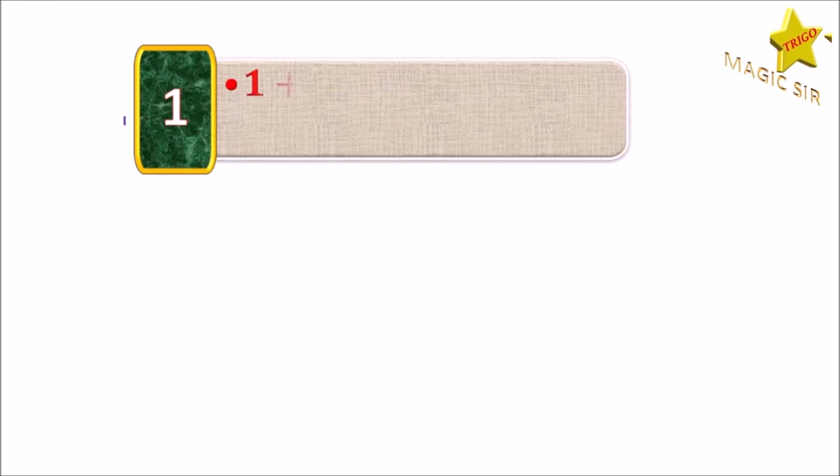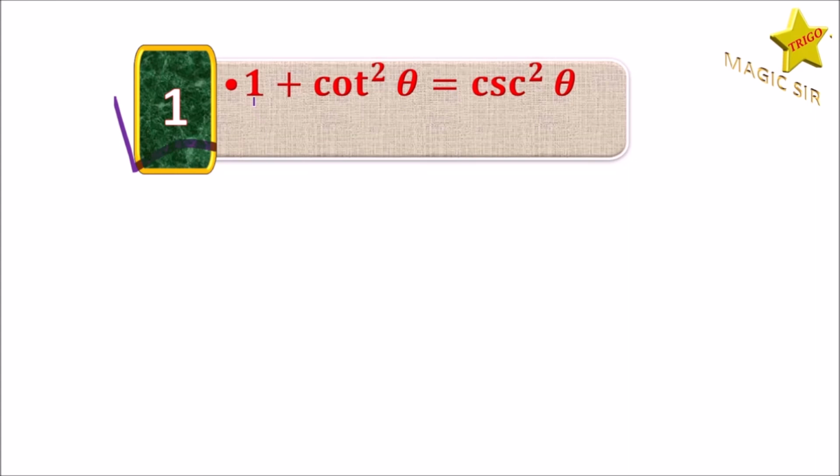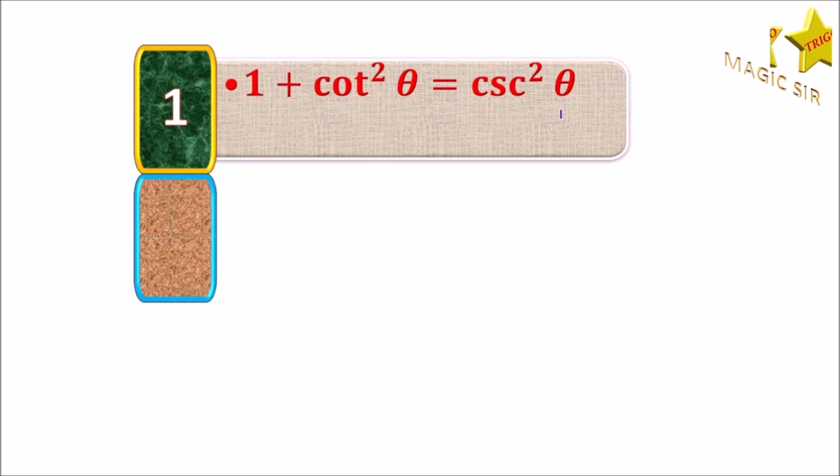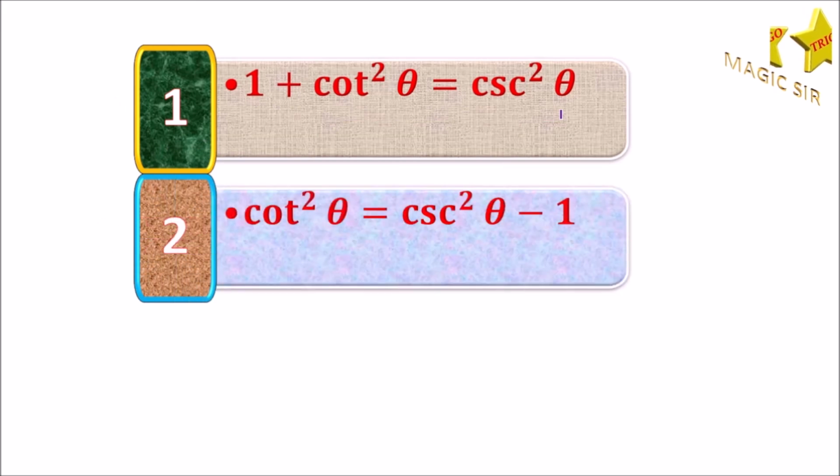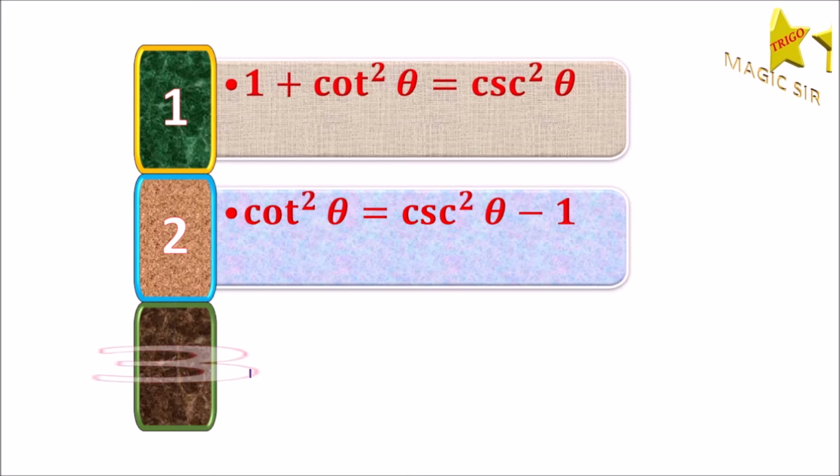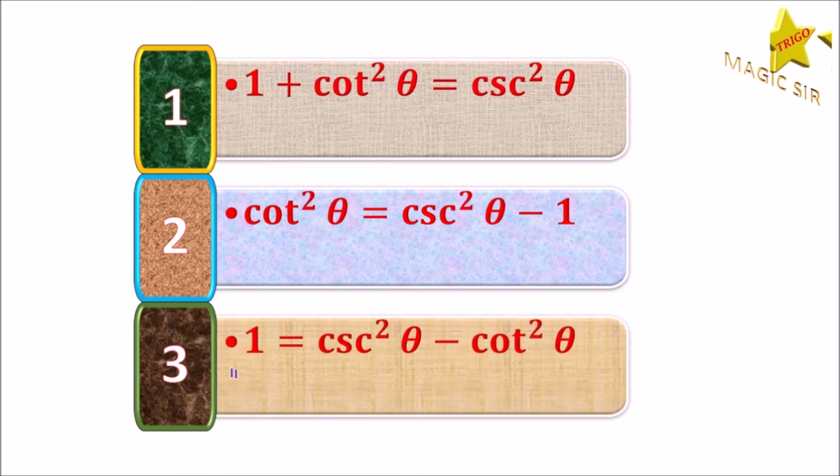Look at these different forms of 1 plus cot square theta is equal to cosec square theta. We can write cot square theta is equal to cosec square theta minus 1. Similarly, we can write 1 is equal to cosec square theta minus cot square theta.